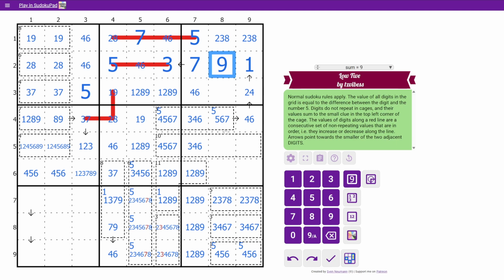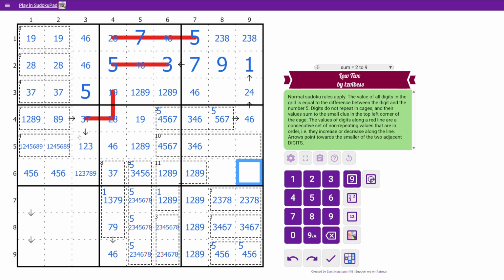What else do we have now? What are these 5s? 3, 4, 6. Is there anything left to do?